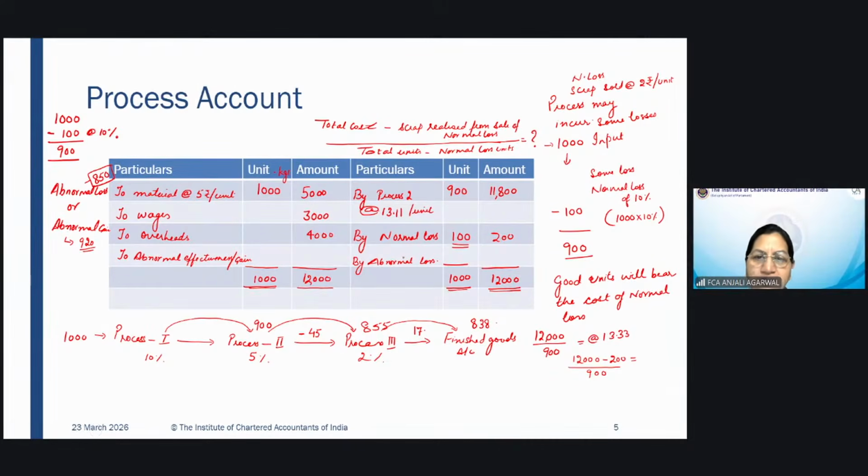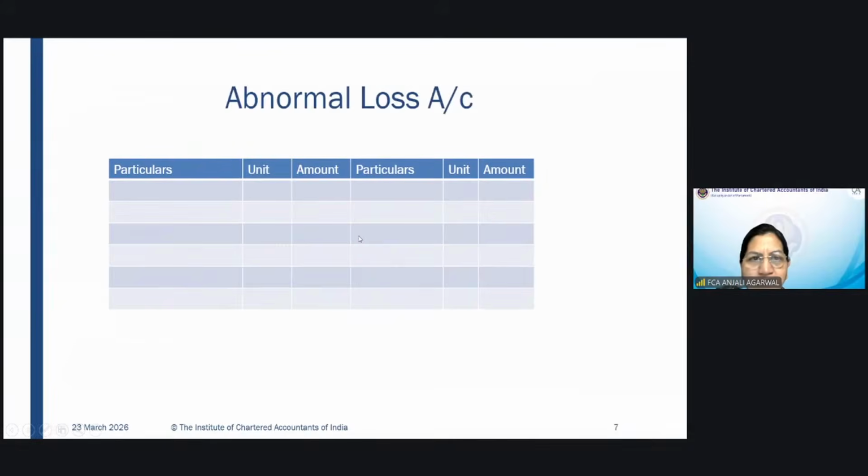And if there is abnormal loss, it will be on the credit side. And if there is abnormal gain, it will be on the debit side. So let us take this one by one, case by case. Now, if there is abnormal loss, out of 1000 units, you should have 900 units as the normal output.